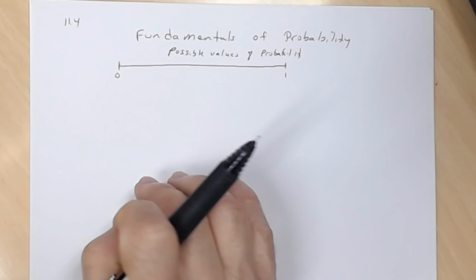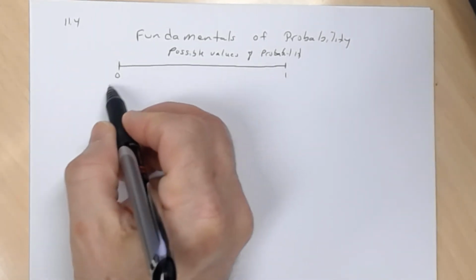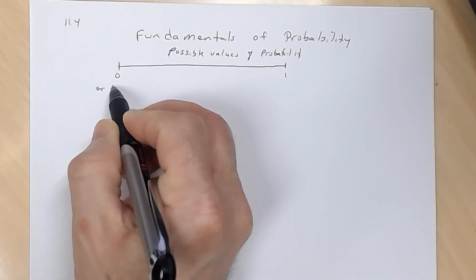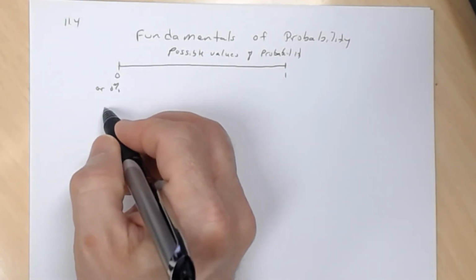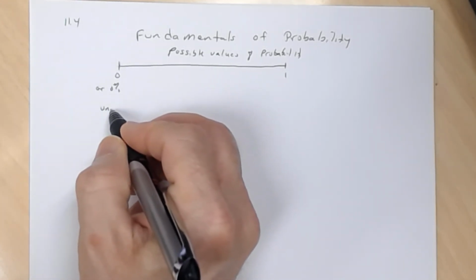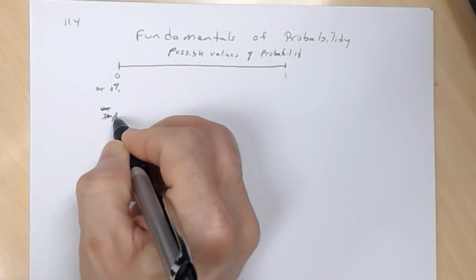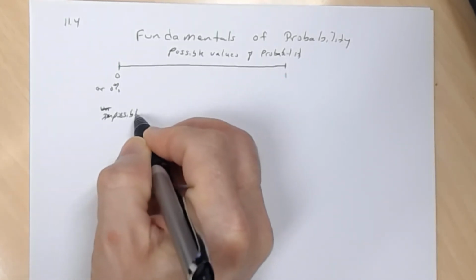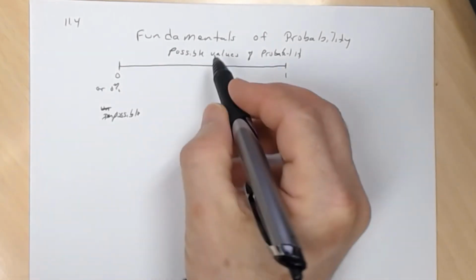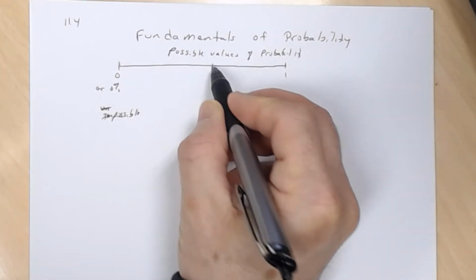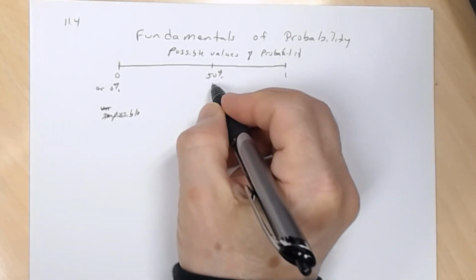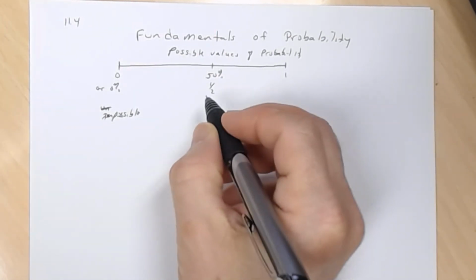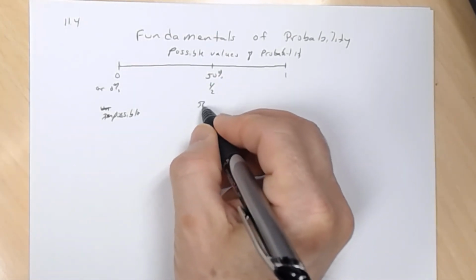Okay, so if you have a probability of 0 or 0%, that means the chance of that happening is impossible. If it's at 50%, sometimes as a fraction 1/2, then it's a 50-50 chance.